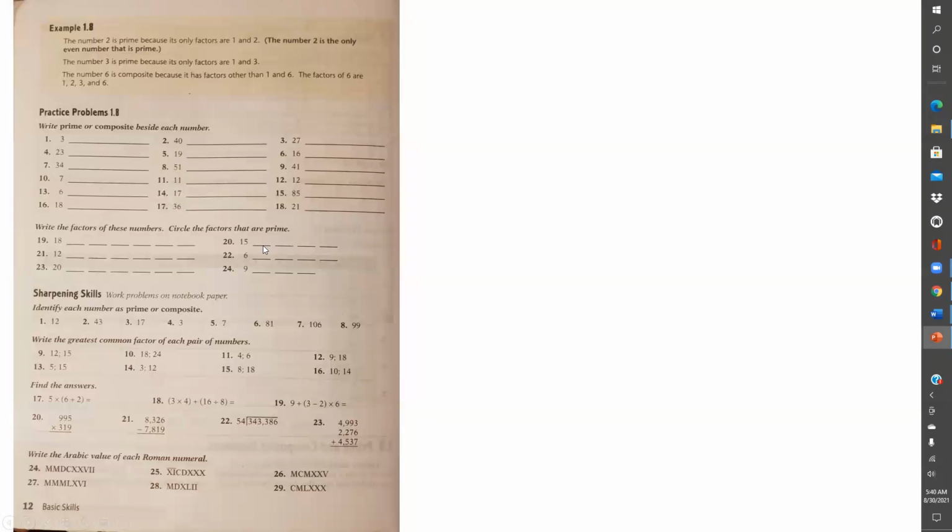All right. On the second part down here, they're asking that we write the factors of each number and then circle the ones that are prime. So on my paper, if this was my assignment, I'll write it down. This is number 20. And 15 has the factors of, let's see, number 1. We know 15.